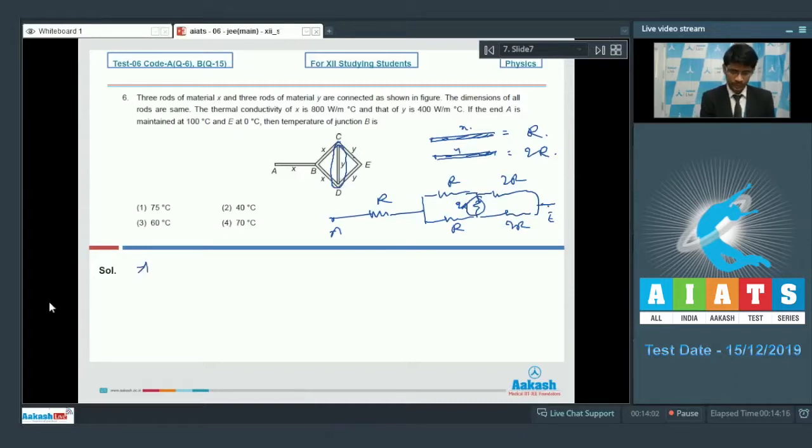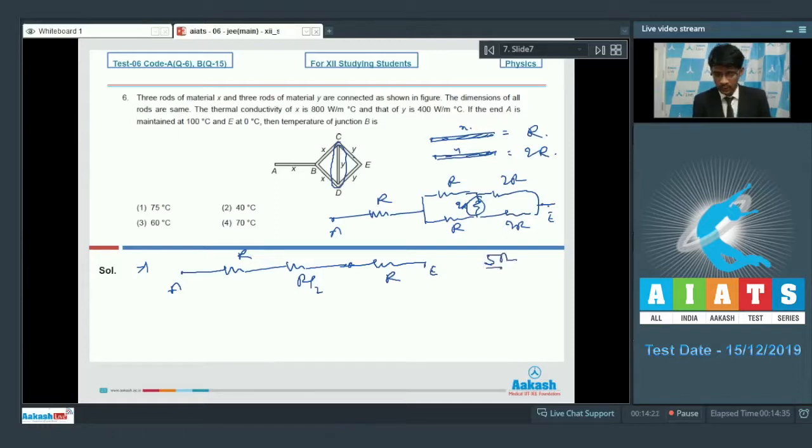So I would say this is R, this 2 being R by 2, and this is R. So effective thermal resistance from A to E is coming out to be 2R plus R by 2, that is 5R by 2. So the heat current that will be flowing across here will be 100 divided by 5R into 2. Okay, this is the value of heat current.